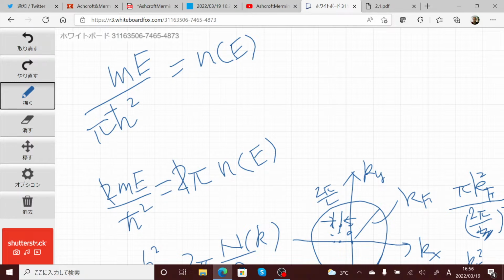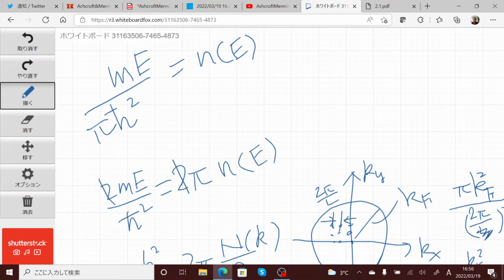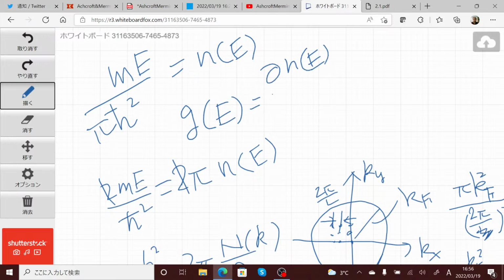And density of levels. Was it density of levels? Okay, density of levels. This is partial n over partial e.